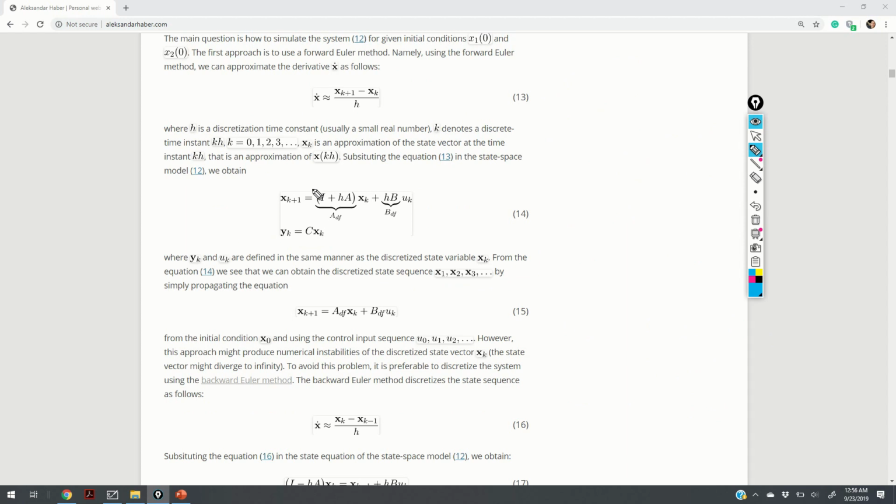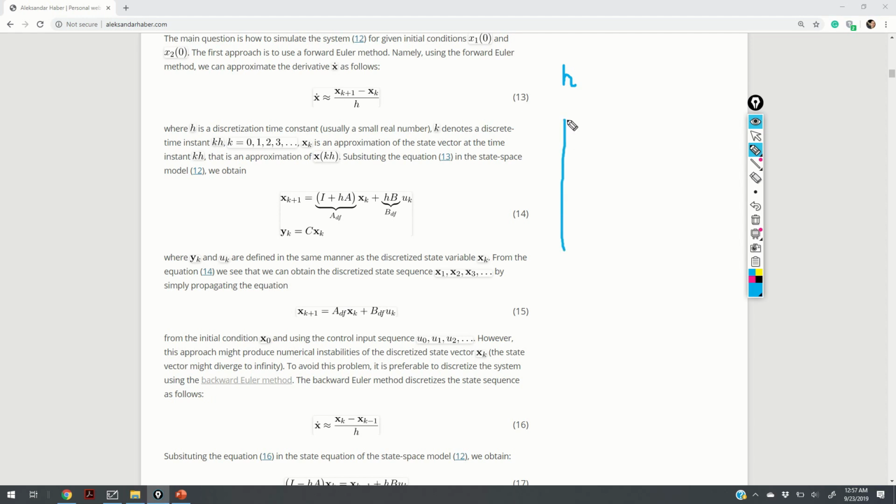Now, there is a problem with the forward Euler method. It is very well known that the forward Euler method is numerically unstable. That is, for modest size discretization time constants h, the simulated state vector might diverge from its true behavior.